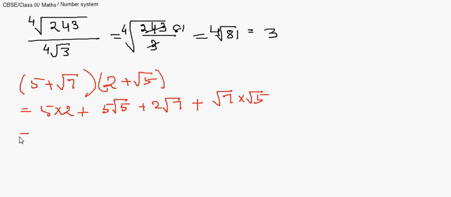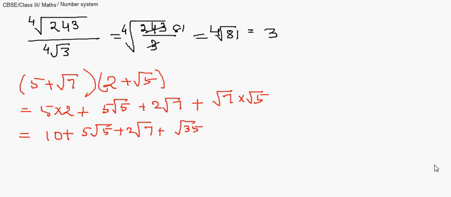This gives us 10 plus root 10 plus 5 root 7, which we cannot add, so they'll remain as they are, plus root 7 into root 5, root a into root b gives us root ab, that makes it root 35. This is application of the last identity.